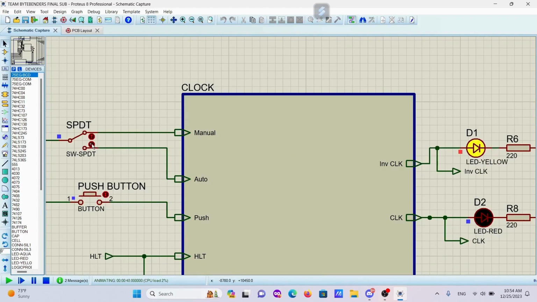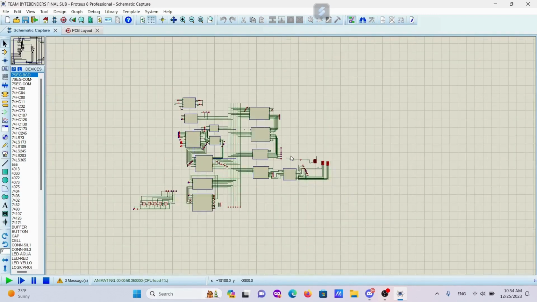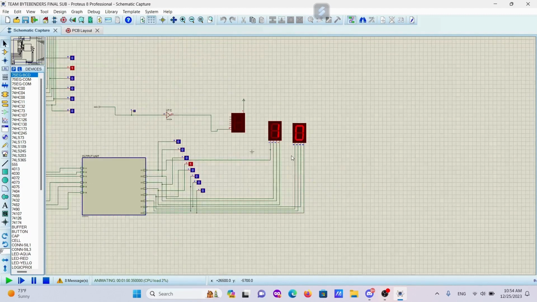So let's take it at auto. Data is loaded. Okay. So we added 8 and 2. So the result is 10. So the result is okay.